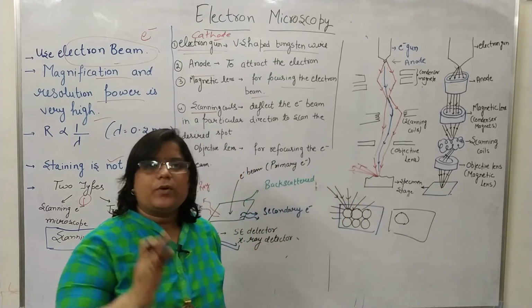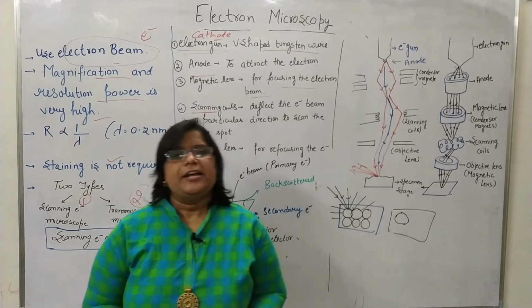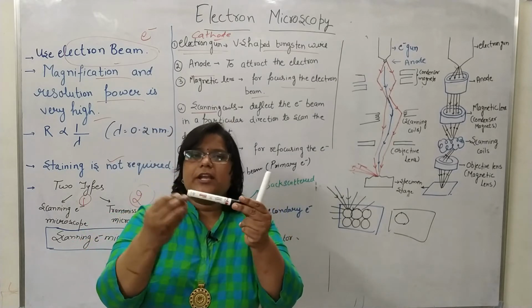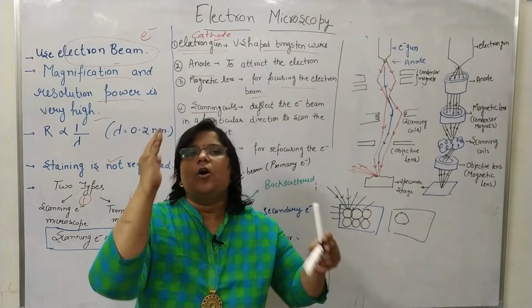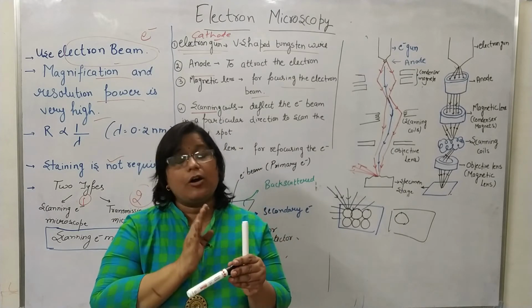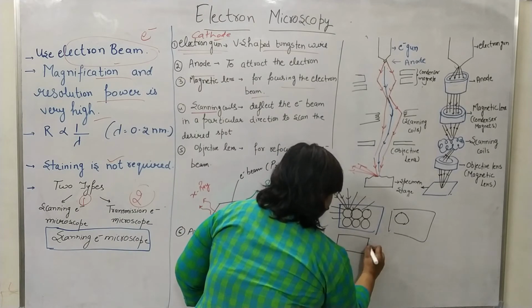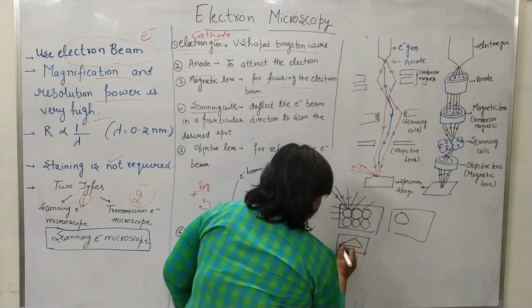So I think you can understand that the scanning coil deflects the electron beam onto each and every point of the image of the specimen. I will give you another example. Suppose there is a triangle.